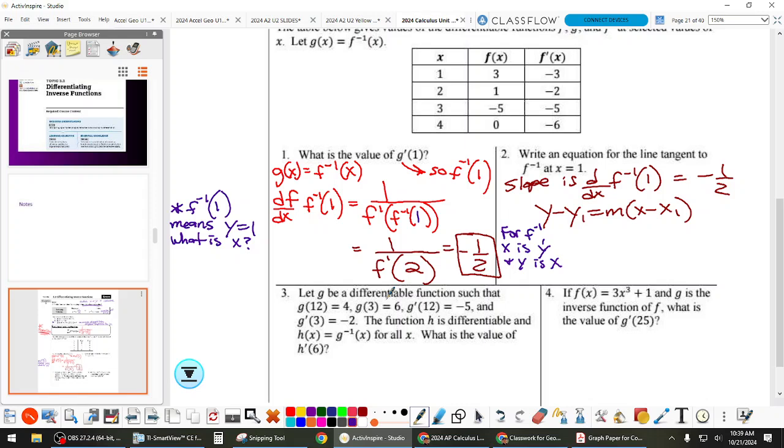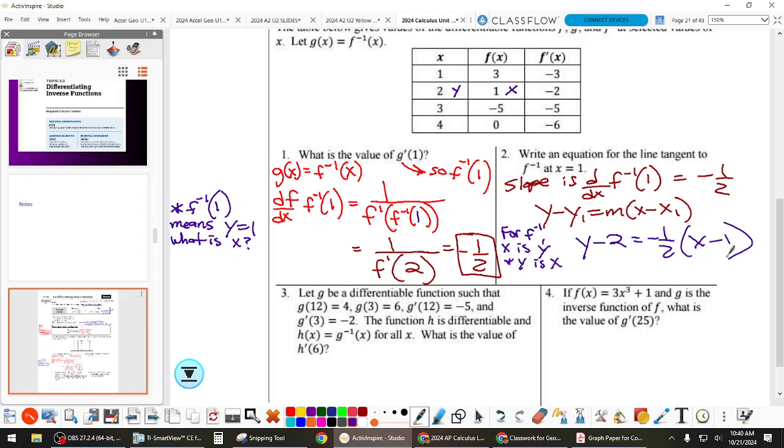X is y and y is x. So for f inverse, this is our x and this is our y. So this should say y minus 2 equals negative 1/2 x minus 1. Did that answer your question?